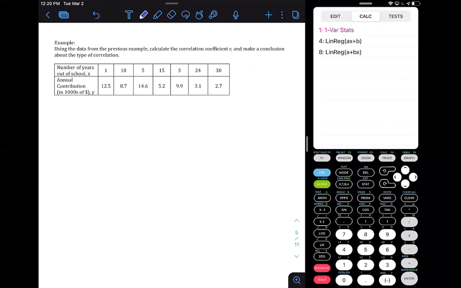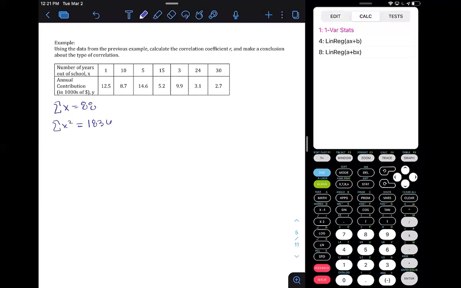It will give you your summation of x, which will be the very second thing on there. What do you get? 88. And then it tells you that your summation of x squared is 1,836.